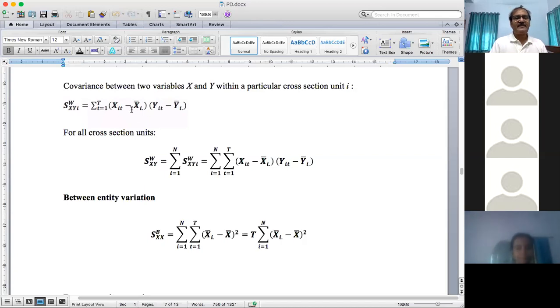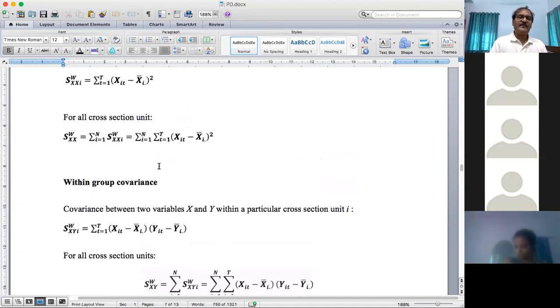So as we get the covariance for a particular cross-section unit, similarly we can calculate the covariance at a particular time point by taking the variation across all cross-section units. Ultimately, you have to get the double sum, either with x bar_i dot, or with x bar dot t, whatever it may be. In this way, we can get within group covariance.